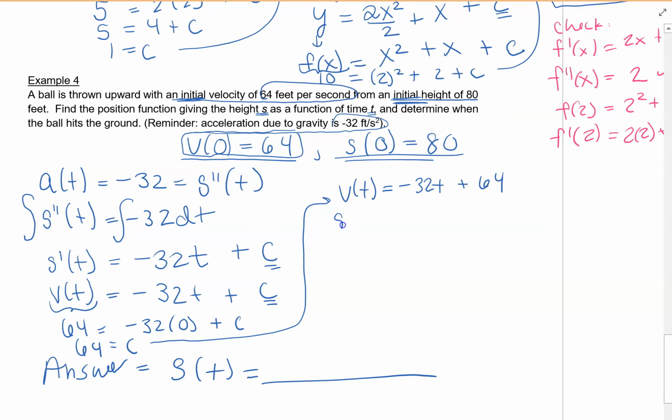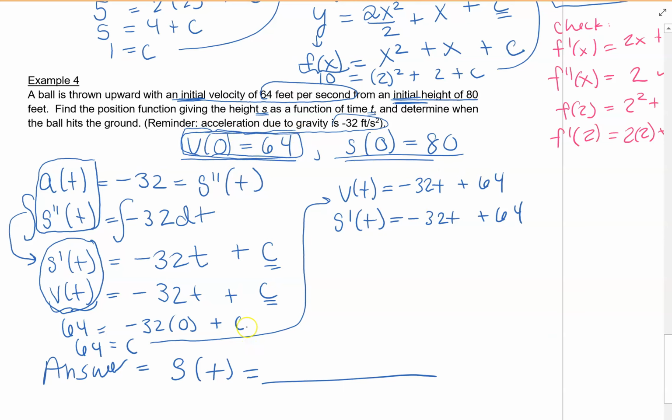Now remember, this is the first derivative of position. I keep using these terms interchangeably, but I want you to keep track. So acceleration is the second derivative of position. I just took the antiderivative to go backward one derivative, which is the first derivative of position, which is equal to velocity, right? So s prime of t and velocity, v of t, are synonyms, okay? And I had an initial velocity here.